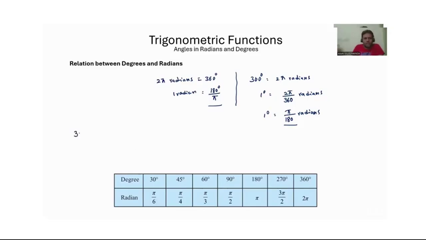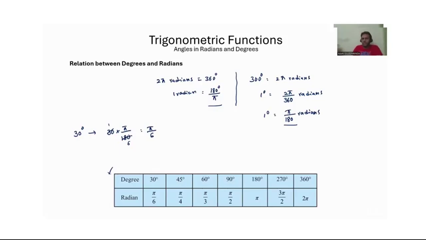So 30 degrees, look at the table here. I have pre-populated all the values. Let's say 30 degrees, I want to convert into radians. So what is the conversion factor? Radians, right? If 1 degree is pi by 180 radians, 30 degrees is 30 into pi by 180, which is pi by 6.